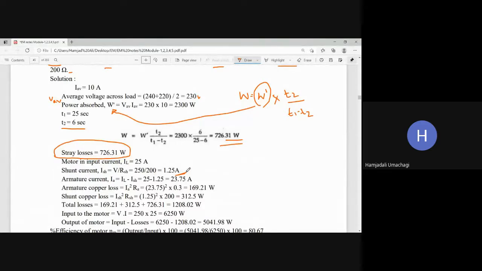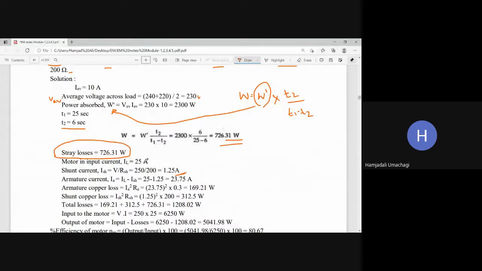If it is a motor, then current enters the armature. So what will be the armature current value here? IA is equal to IL minus ISH if the machine acts as a motor. If it is acting as a generator, we should take IL plus ISH. But here the machine acts as a motor, so armature current IA is equal to IL minus ISH.